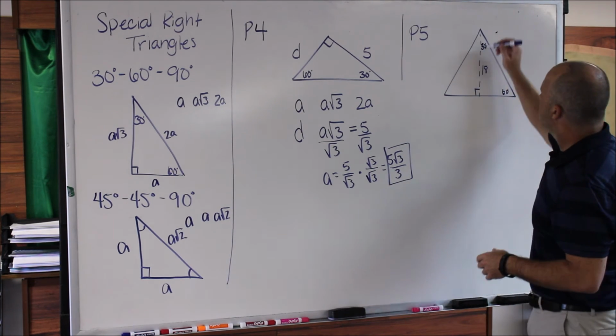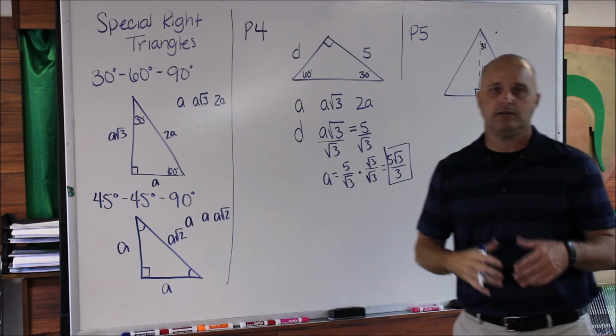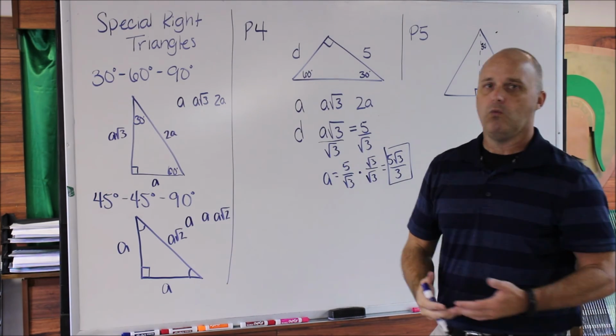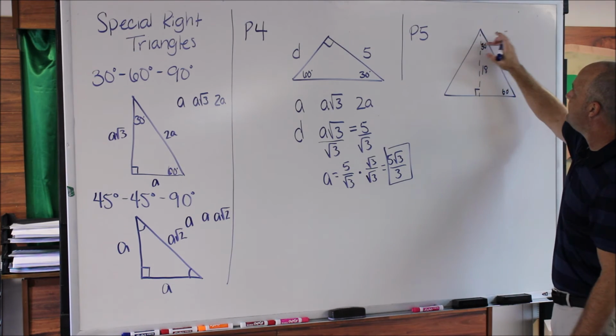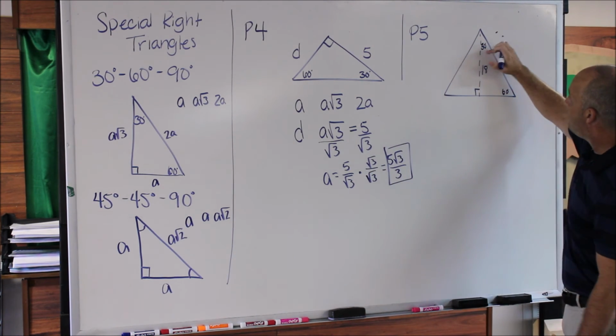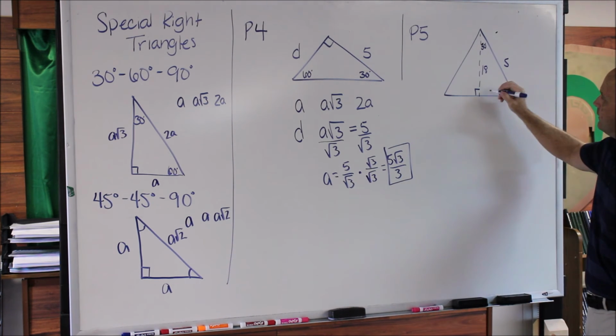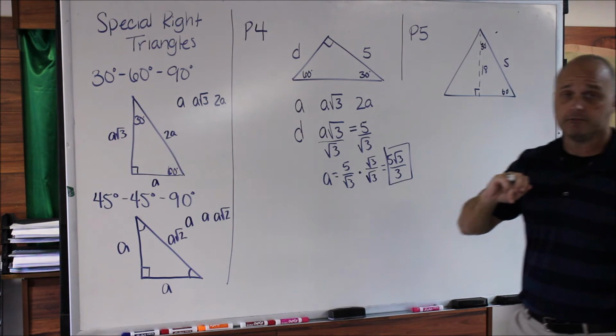When we take an auxiliary line and put it through that equilateral triangle, we're taking a 60-degree angle and bisecting it. So this bisected angle becomes 30 degrees. Then we have 60 degrees down here and 90 degrees over here.